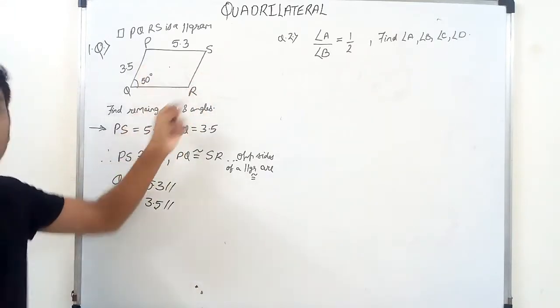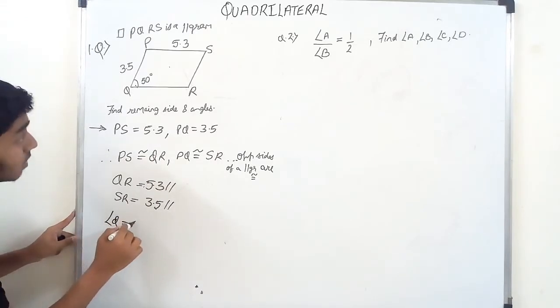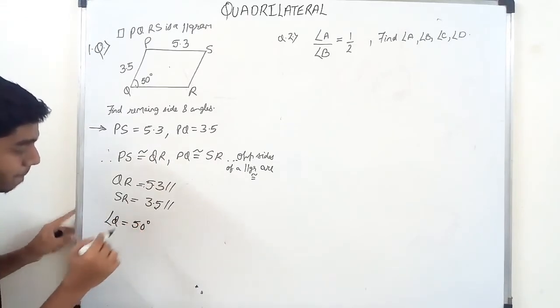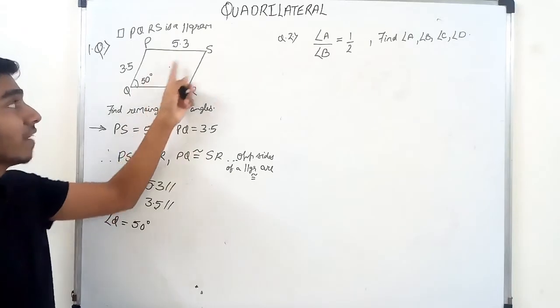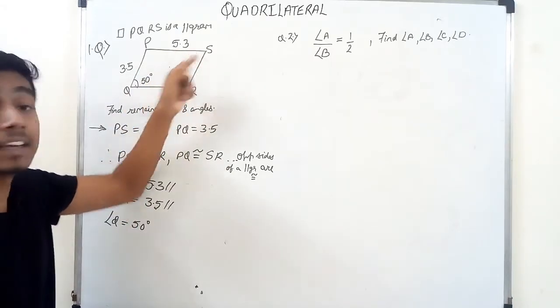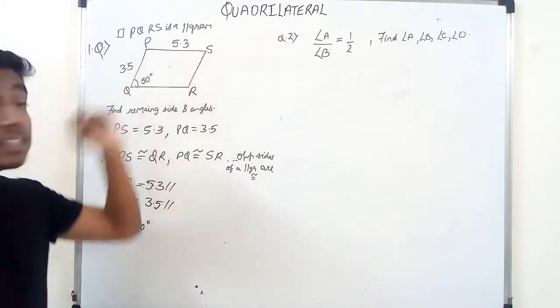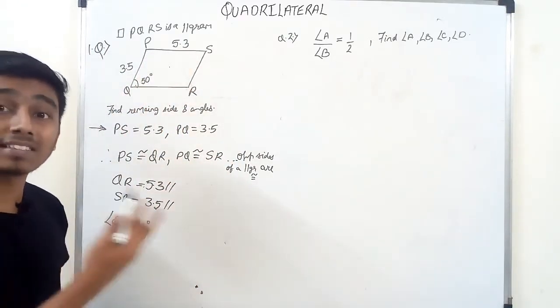Now let's find angles. Here angle Q is given as 50 degrees. Now can we find angle S? With the help of this angle, we can say that angle S is also 50 degrees. Why? Because opposite angles of a parallelogram are congruent. So that's the theorem.